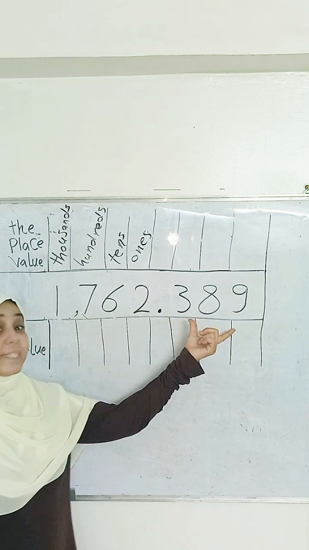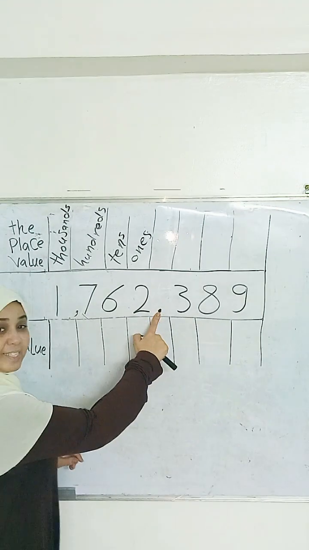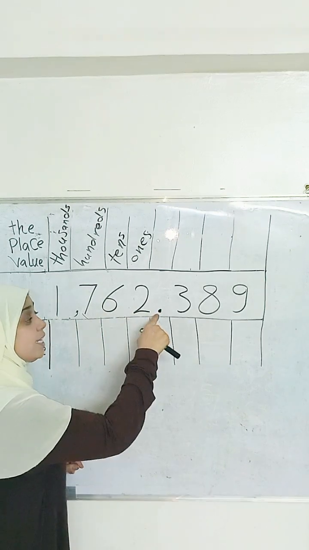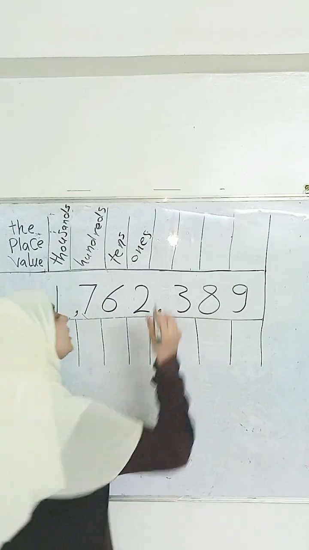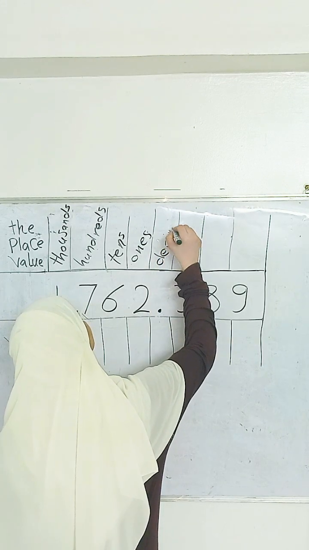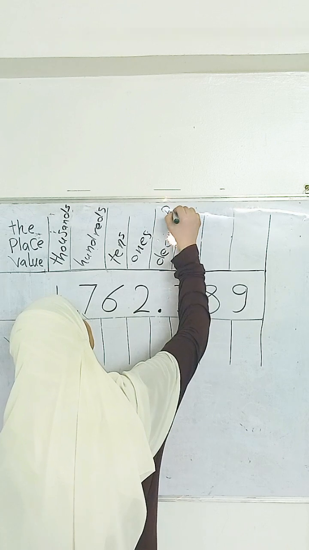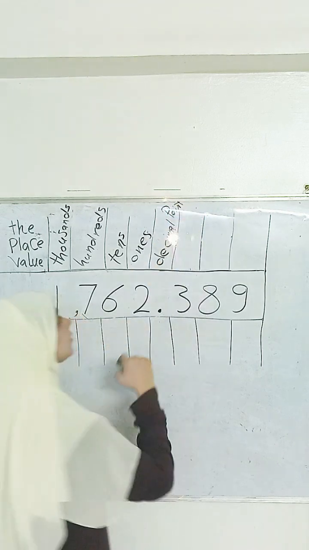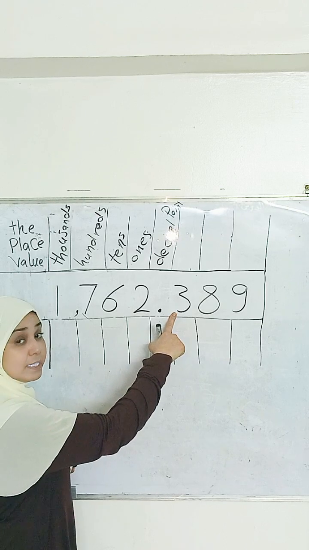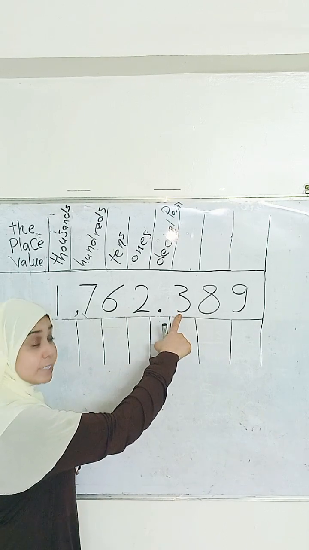What about the decimal fraction? What is this? Yes, we know it from last year. It's the decimal point. And what is this? 3/10.